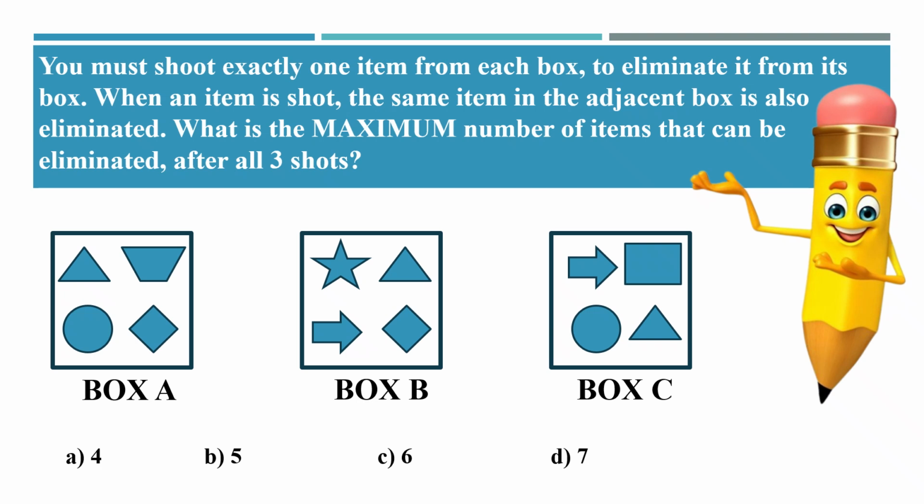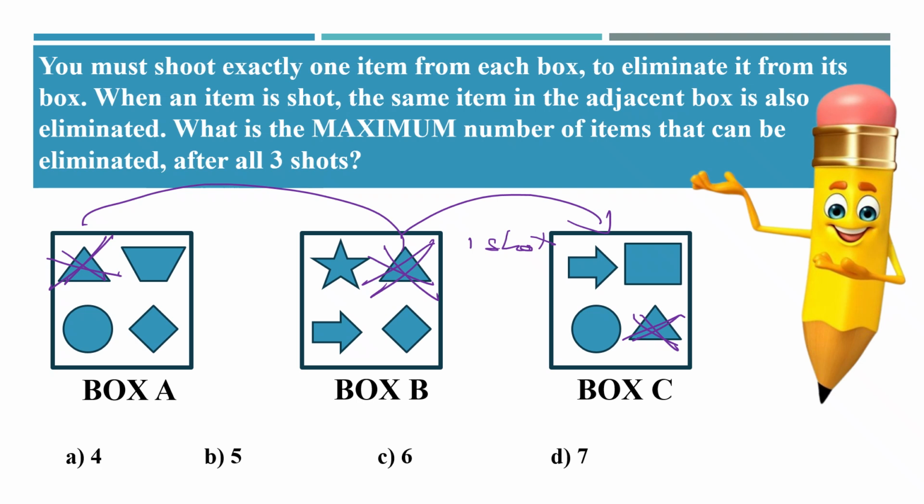In that case, I'm not going to shoot in the first box. Instead, let me shoot in the middle one so that the left and the right are both adjacent. I can shoot the triangle first because I see a triangle in the first box and at the same time in the second box. So in one shot, I eliminate three shapes. Then for the second shot, where shall I choose?